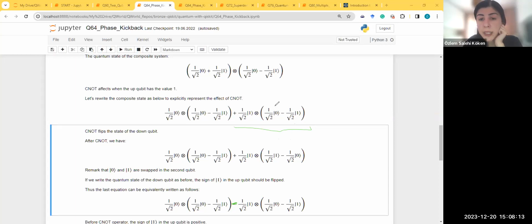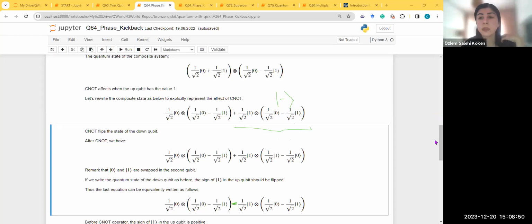Why? Because here we have a minus state. And because this was a 1 and we were applying a CNOT, we applied a NOT on this minus state. And this became minus. This kicked back the minus 1 sign in front. And this is why we had this minus here in between. And then this resulted after applying Hadamard in the state 1, 1, and so on. But this is really what phase kickback is, this minus 1 appearing in front.